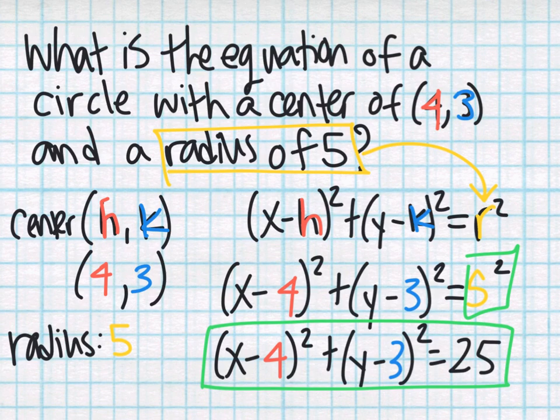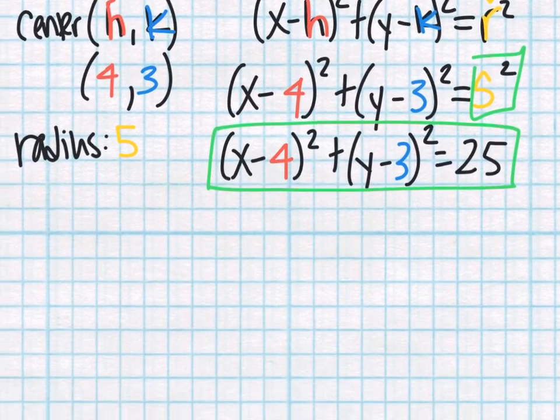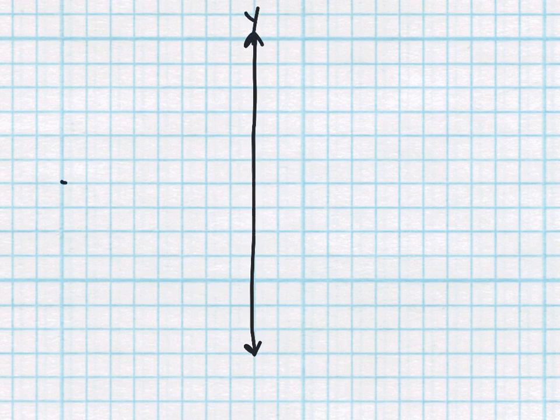I can also use this information to help me sketch out the circle. So if I wanted to actually sketch the circle, I could draw my xy axis. Here's my y, and my x will be right about here.